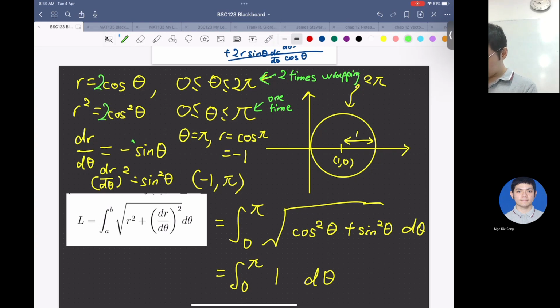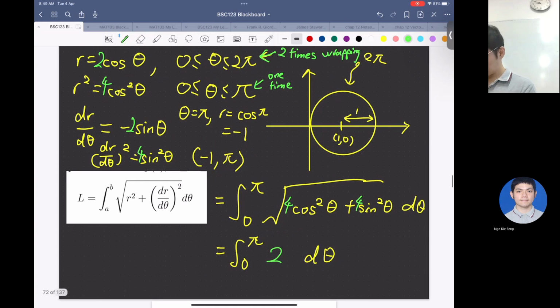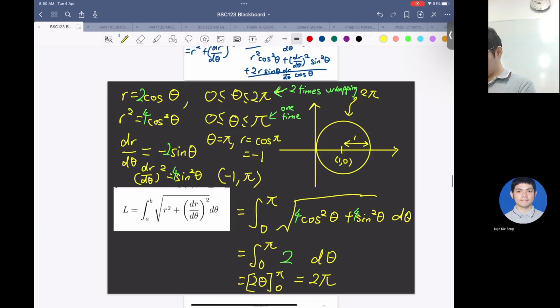Squared, you get 4, and then the square root of 4 is 2. So this is just 2 theta evaluated from 0 to pi, which is 2 pi.